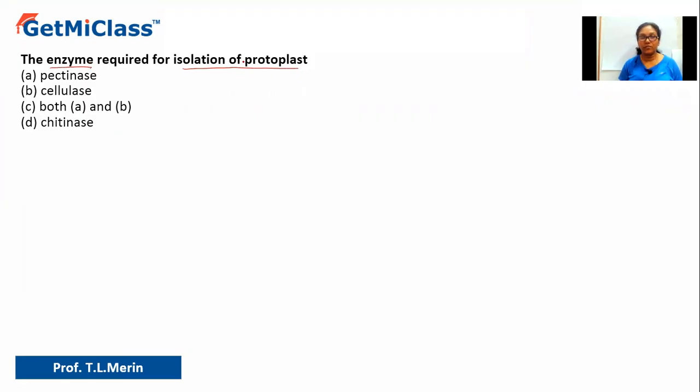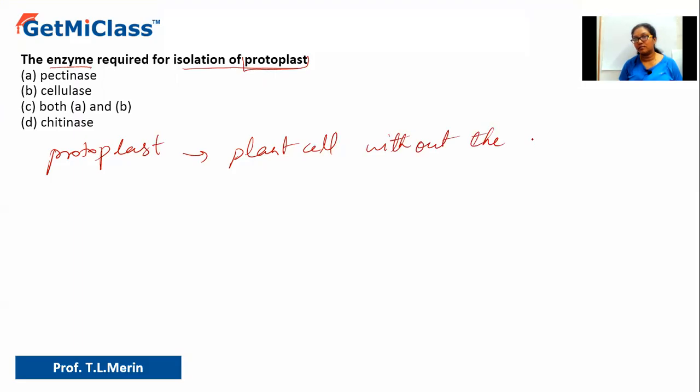Before we look for the enzyme, first we have to talk about what a protoplast is. Have you heard about this term? Since you have already completed the chapters, you should know a protoplast is nothing but the plant cell without the cell wall, okay?